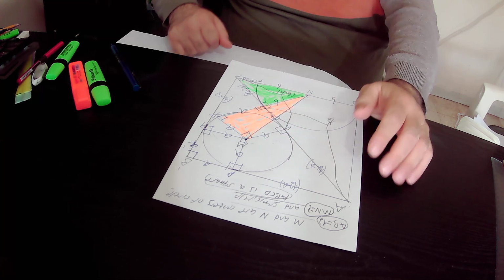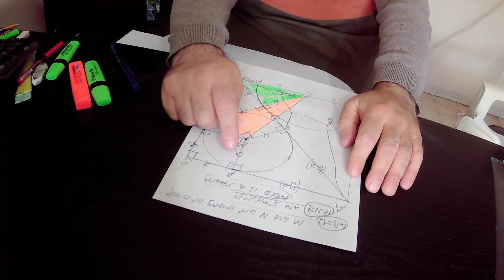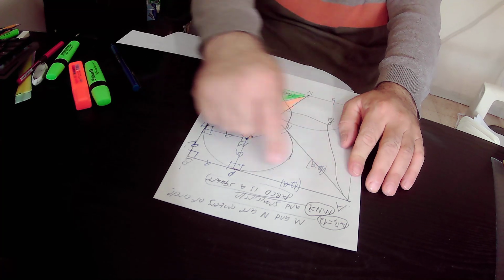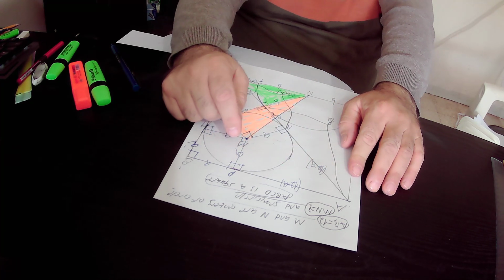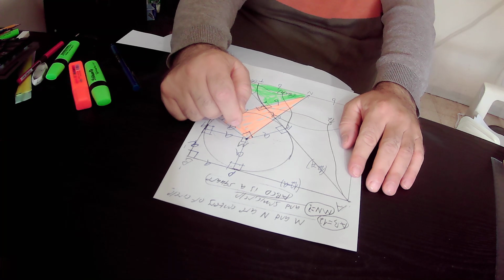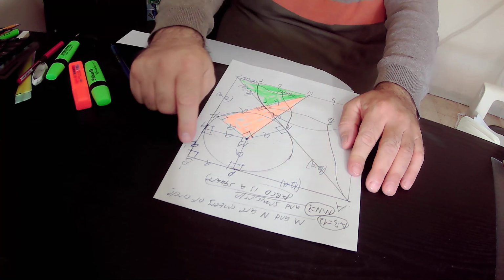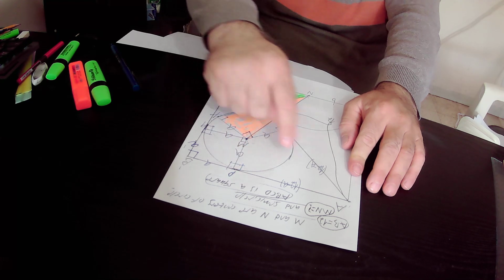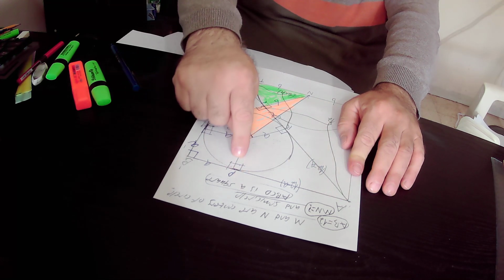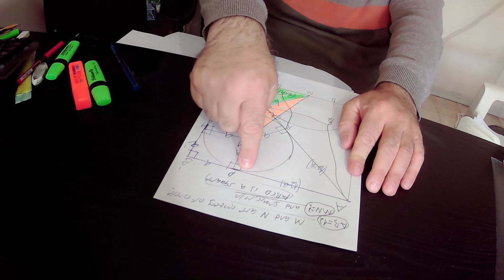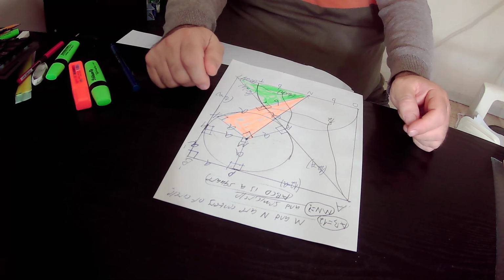And the radius PM is drawn to the point of tangency, that is to say, to point P, the point of tangency of tangent AB with this circle. So the tangent AB will be perpendicular to the radius PM. That is to say, this angle equals 90 degrees, and this angle will also equal 90 degrees.